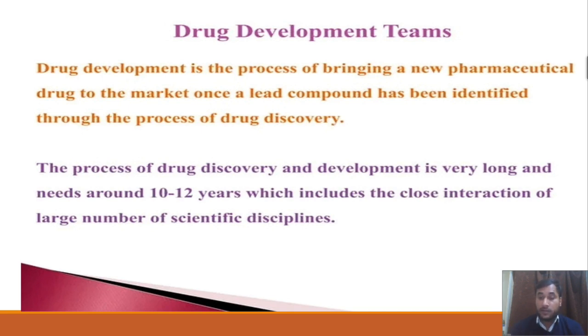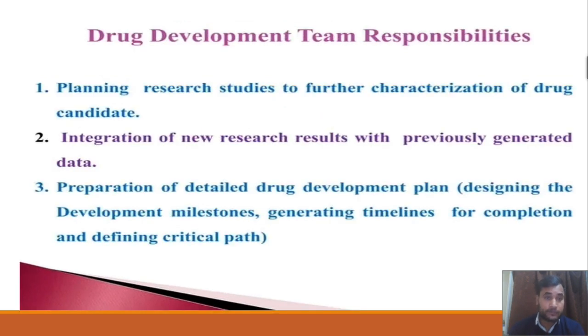The process takes up to 10 to 12 years because it includes various test parameters and scientific studies related to the drug and drug products. Now move forward to the next slide.